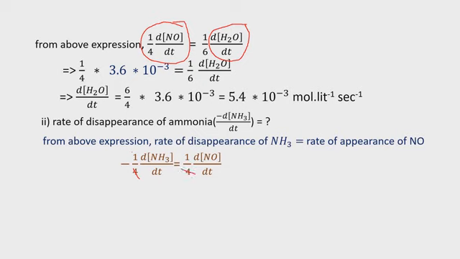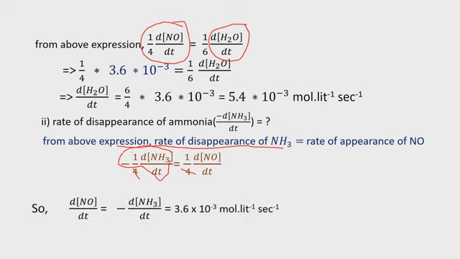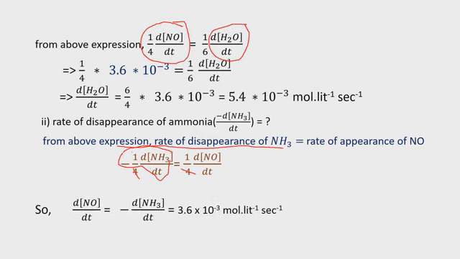So the rate of disappearance of NH3, minus d[NH3]/dt, equals the rate of appearance of NO. So the final result: d[NO]/dt equals minus d[NH3]/dt equals 3.6 into 10 power minus 3 mole per liter per second.